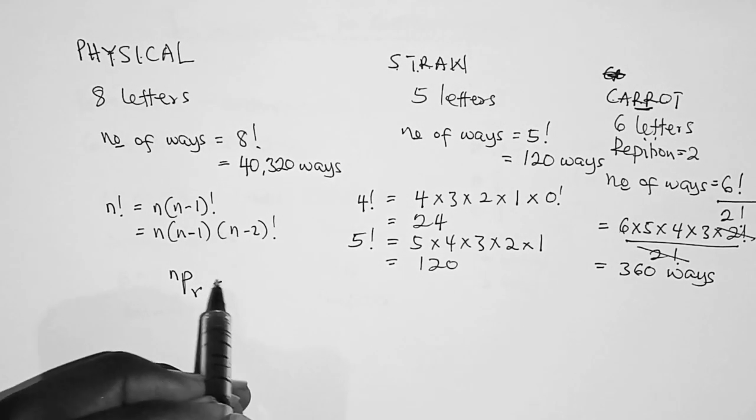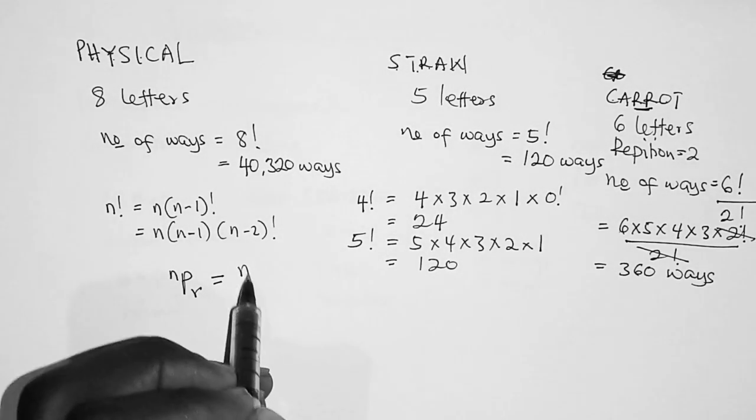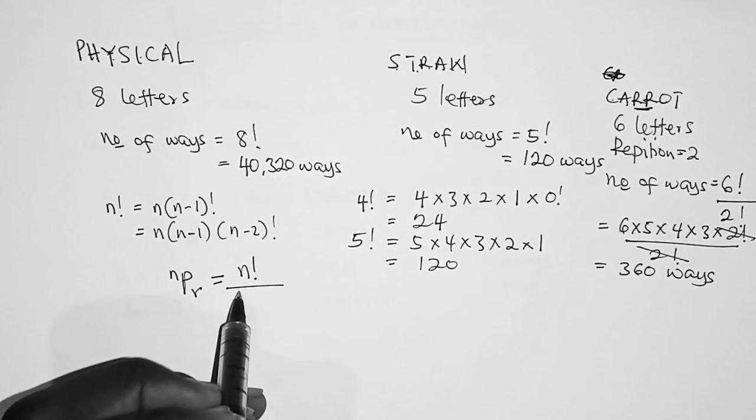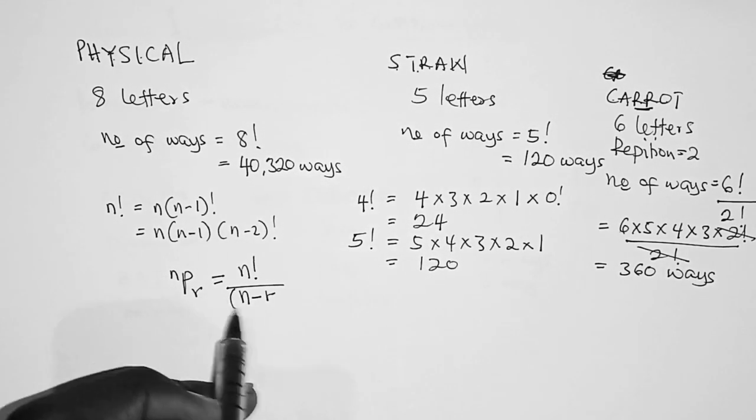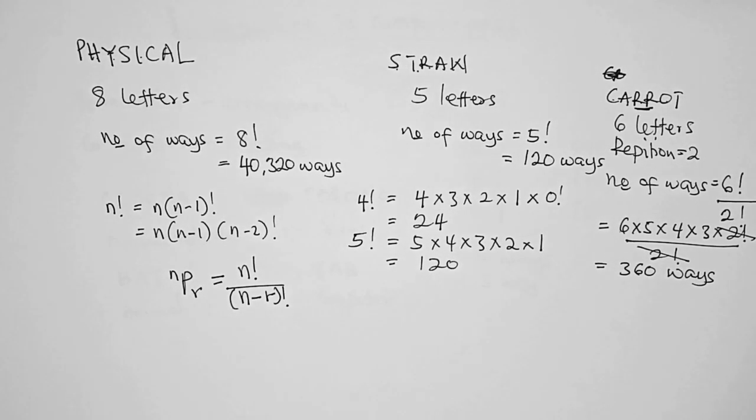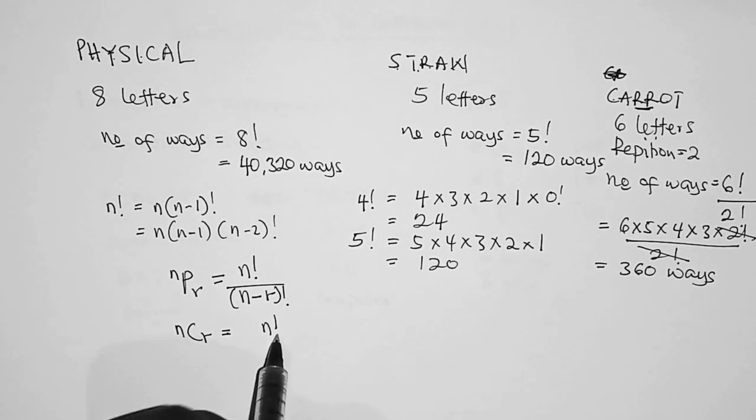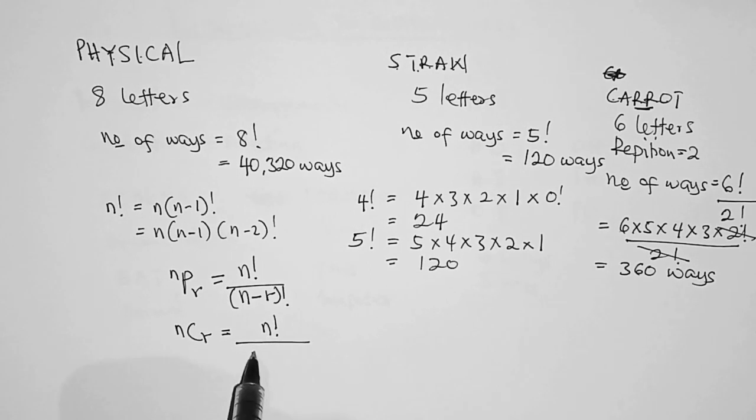And the definition of n permutation r is n factorial divided by n minus r factorial. And the number of ways to select objects is given as n combination r. Mathematically, n combination r is defined as n factorial divided by n minus r factorial, r factorial.